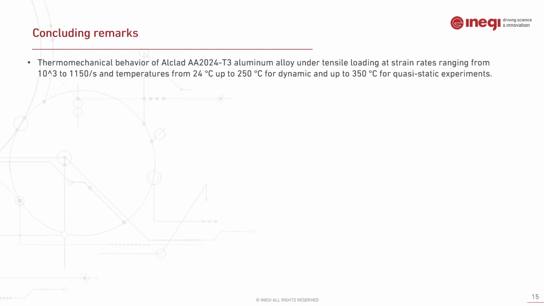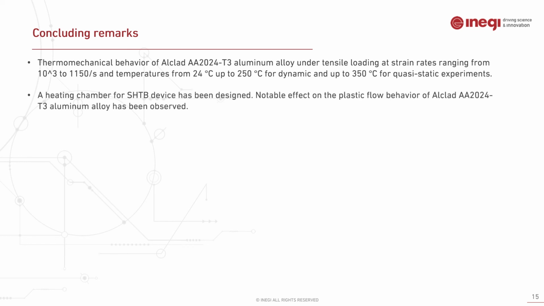So in conclusion, we studied the thermomechanical behavior of Alclad 2024 aluminum alloy at various strain rates and temperatures. We also designed a heating chamber for the Hopkinson bar when we saw a notable temperature effect on the flow behavior of the material.